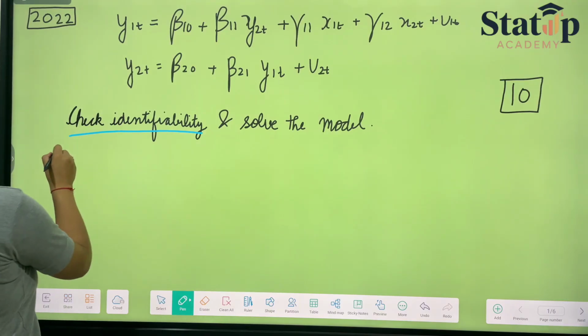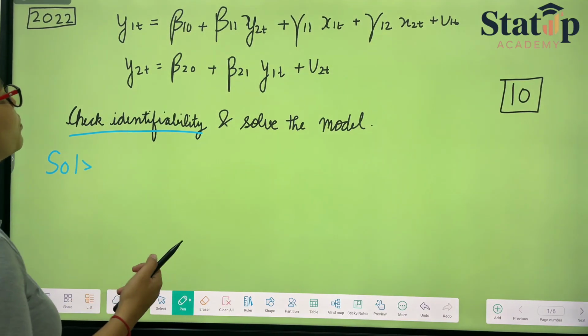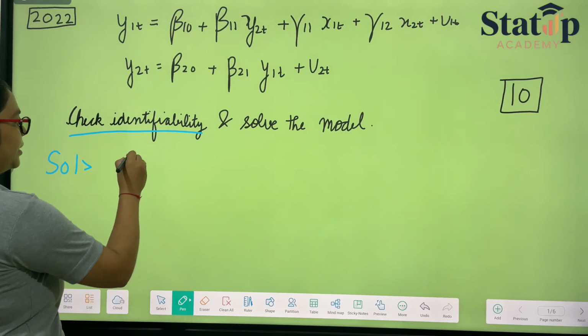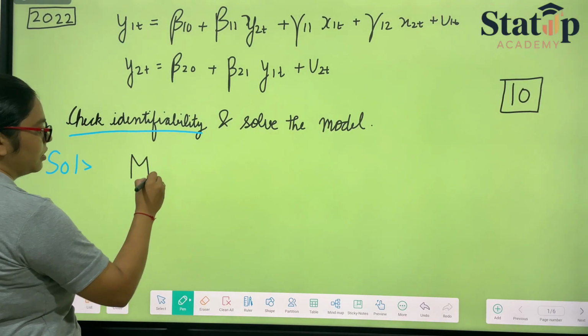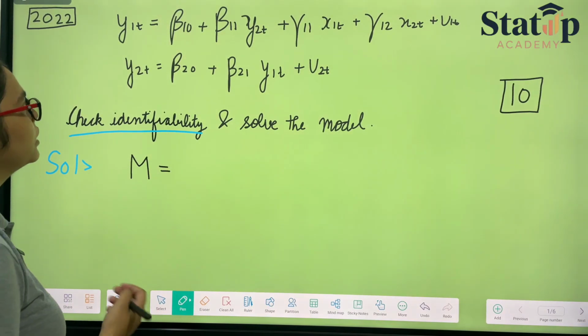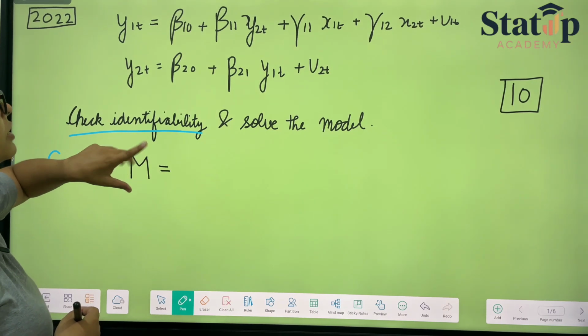So let's begin. For checking the identifiability of this model, let us first consider capital M, the total number of endogenous variables in our model, which are y1t and y2t.